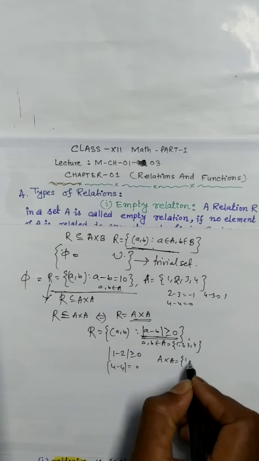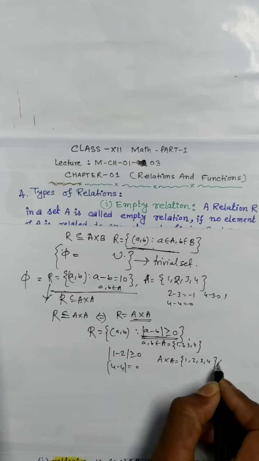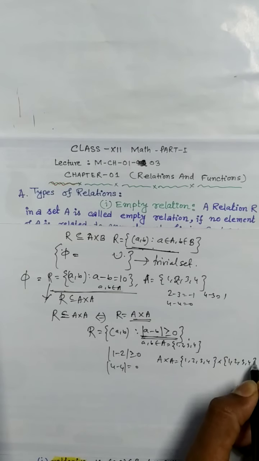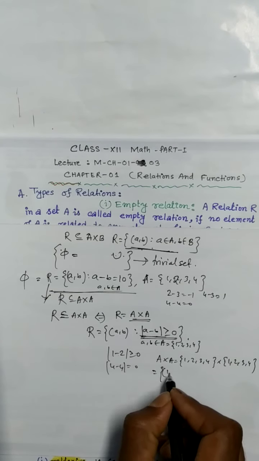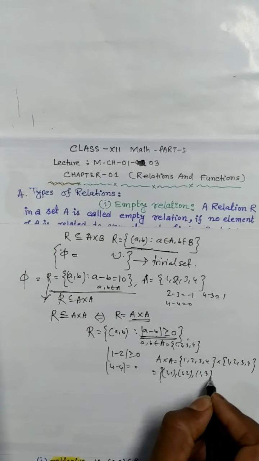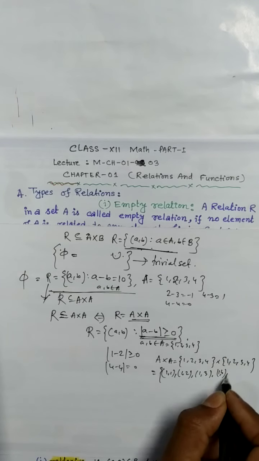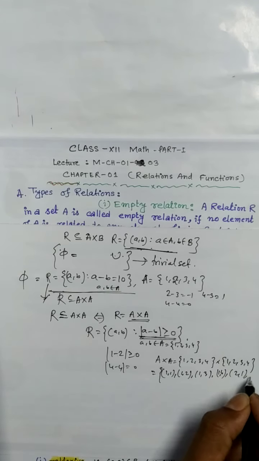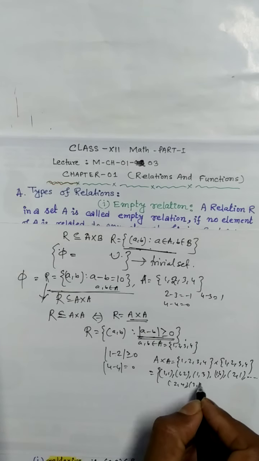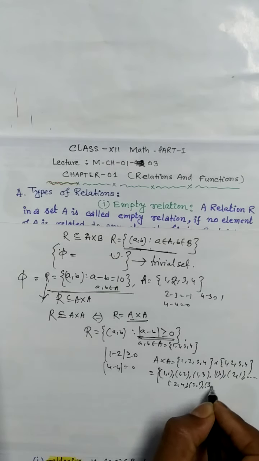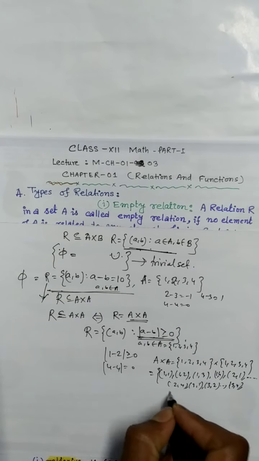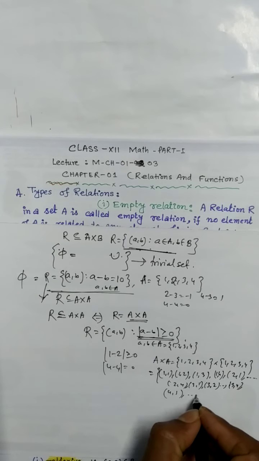Here the Cartesian product A cross A, what will it be? We already know how to find the Cartesian product A cross A. Here the elements will be (1,1), (1,2), (1,3), (1,4), then (2,1), dot dot, (2,4). Similarly (3,1), (3,2), (3,3), (3,4), (4,1), up to (4,4).